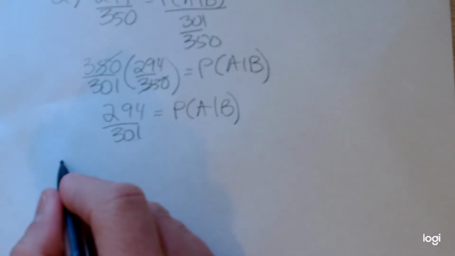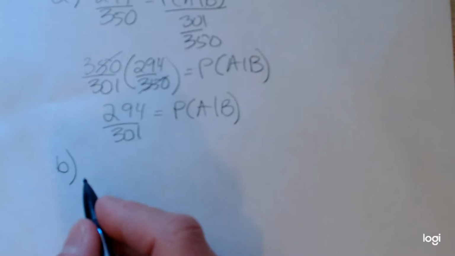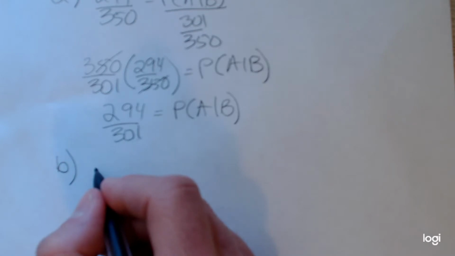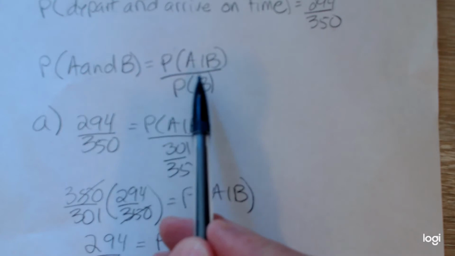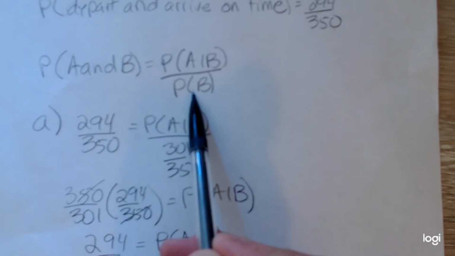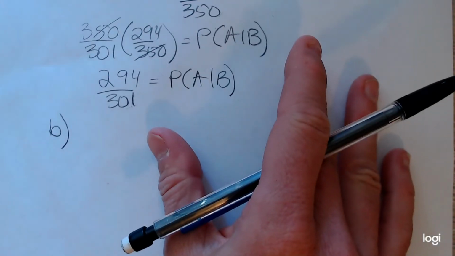Now for the second part, we want to find the probability that a flight arrives on time given that it departed on time. So again, using this relationship, the probability of A and B is equal to the probability of A given B times the probability of B. In part B, we're given different information. We're given that it departed on time.